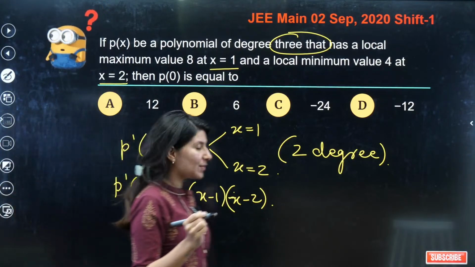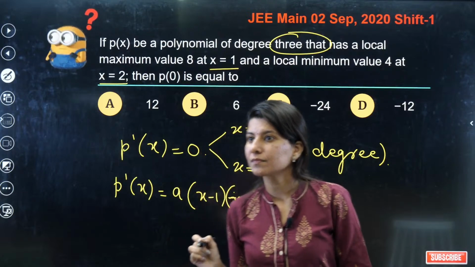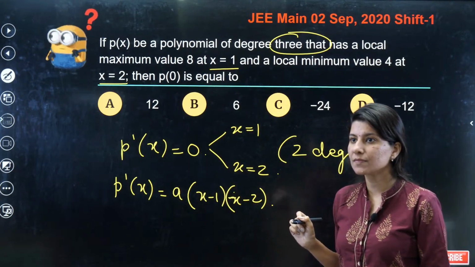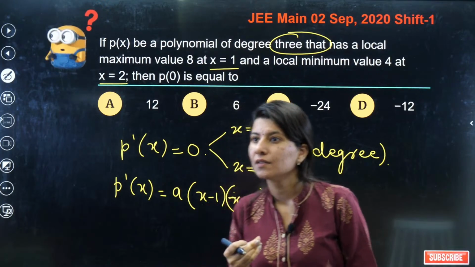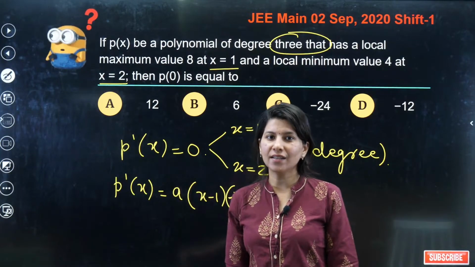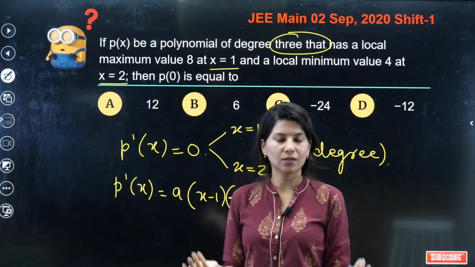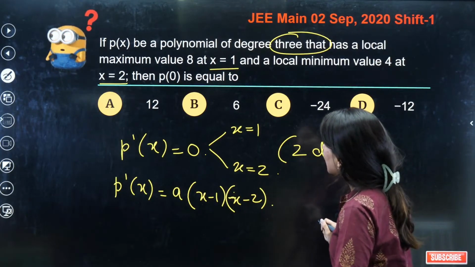Either the first derivative test or the second derivative test you will do, no need to do all the tests. Alright, so this is your P dash x.